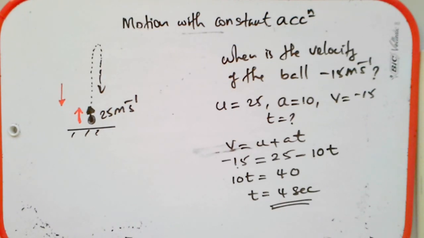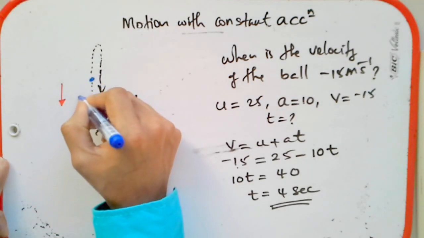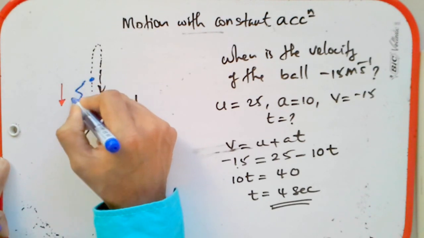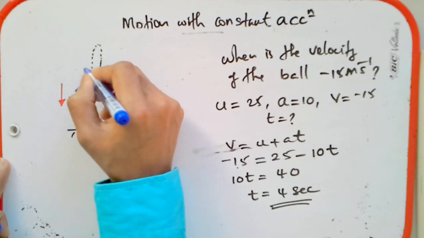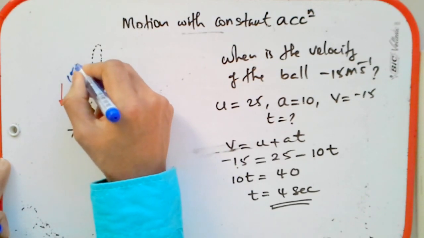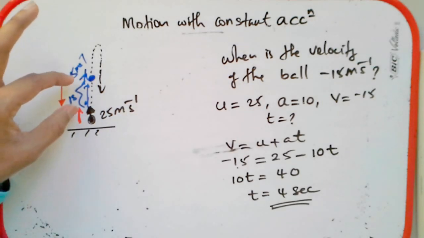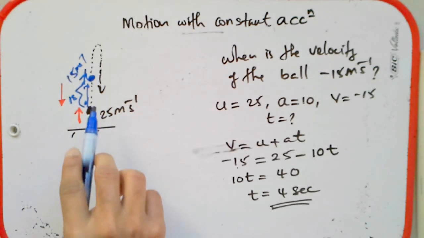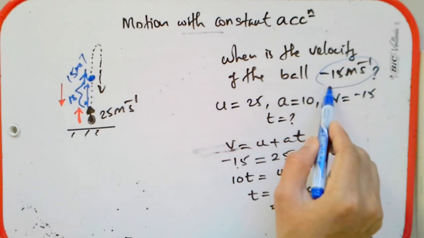So what do you mean by this? This means you throw the ball, and in 1 second it travels some distance, and the speed of the ball would be 15 meters per second. So the time taken to reach this 15 is 1 second. But this part of the question is to reach minus 15 meters per second.